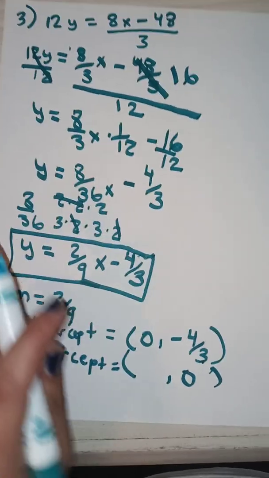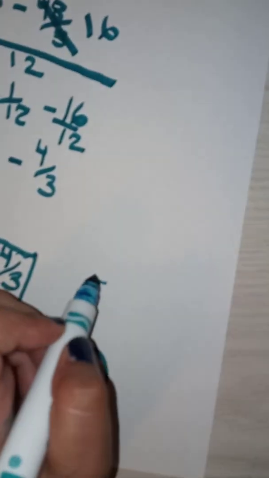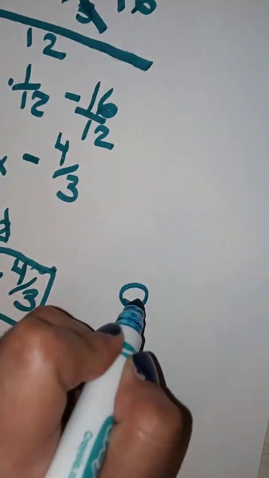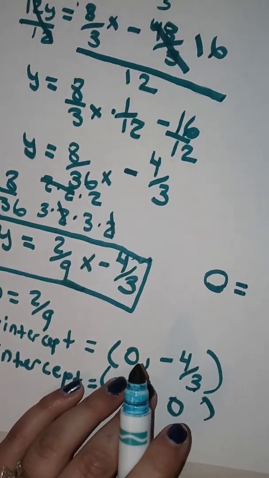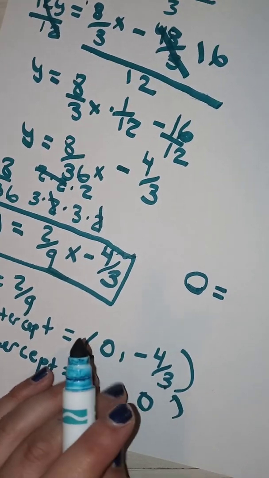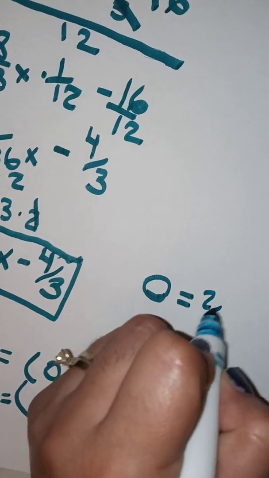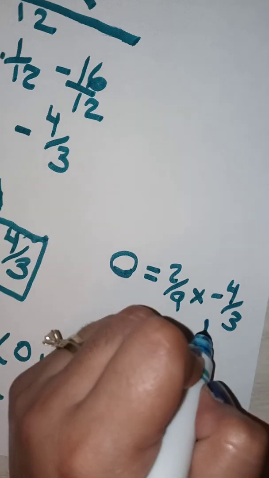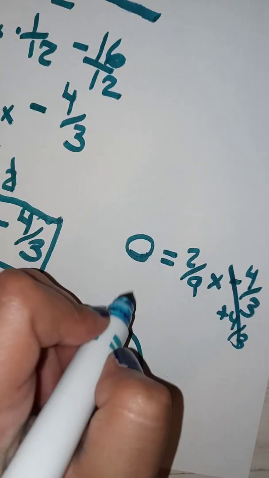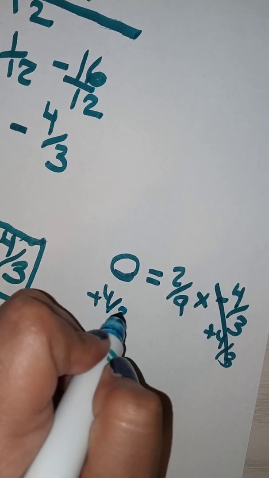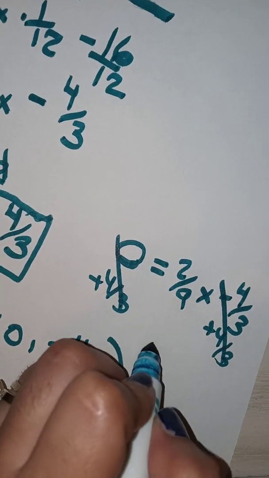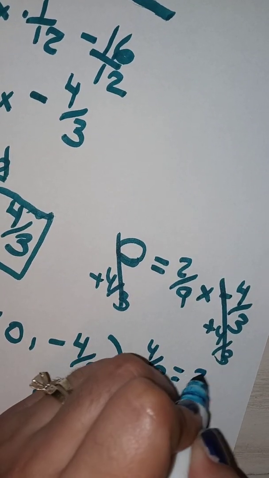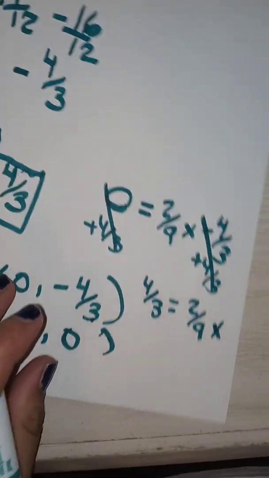So we're going to plug in a 0 for y, which is going to be 0 is equal to 2 over 9x minus 4/3. We can add 4 over 3 on the other side. We get 4 over 3 is equal to 2/9 x.